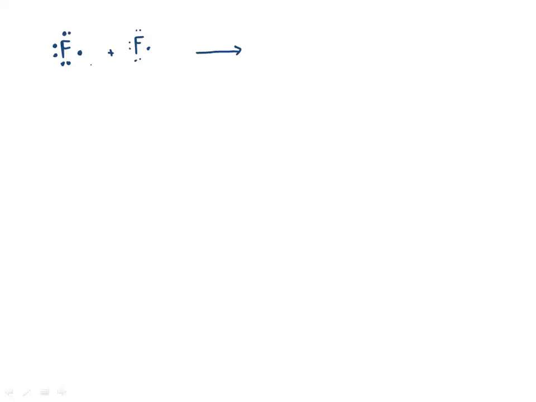But the problem is if we think about it in terms of Lewis structures, well, if one of the fluorines gives up an electron, then it's only got 6 valence electrons. And the other fluorine would have 8 valence electrons, right? So this guy's happy.